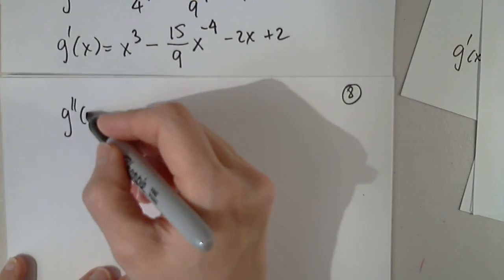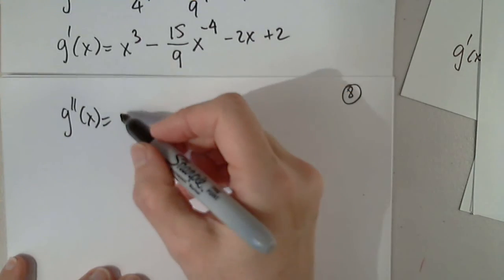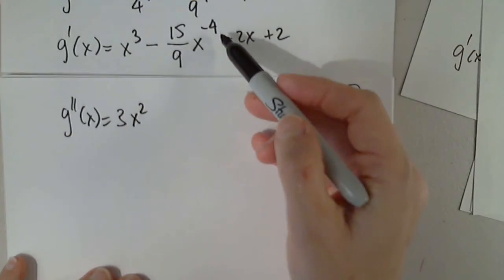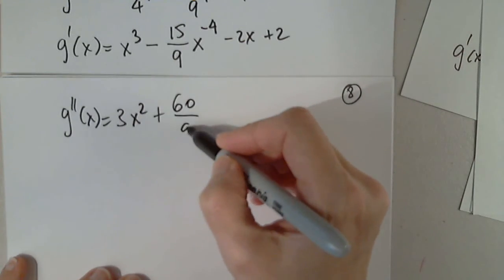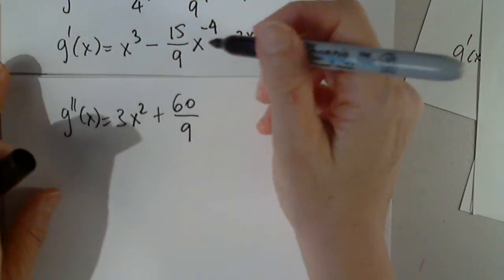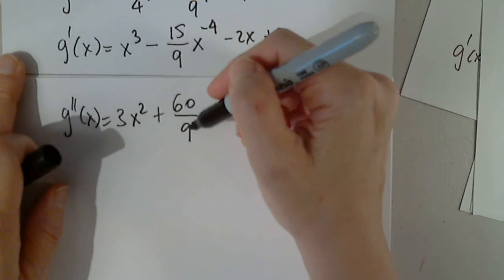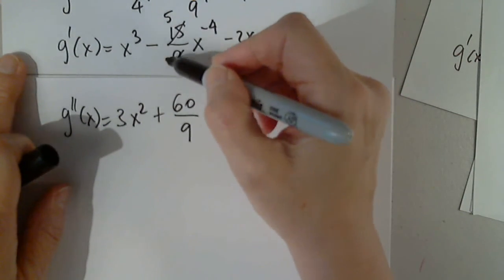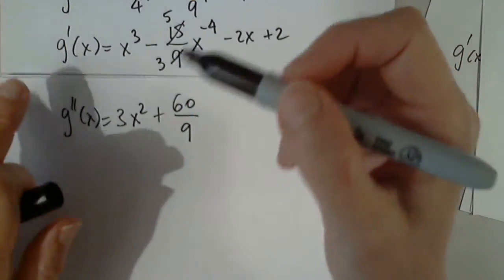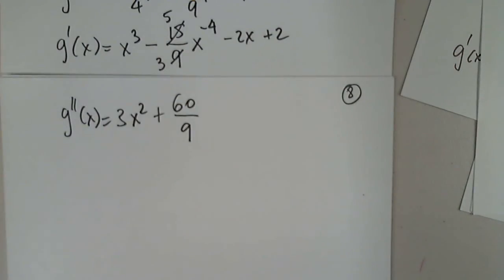Okay, now the second derivative, I bring down 3, and I have x squared. Now I bring down 4. So I get positive 60 over 9. Oh, I should have simplified. Sorry, I want to simplify here before I write this. So I've simplified by 3, and I get 5 divided by 3. The smaller the number, the better. Okay? So I have 5/3.